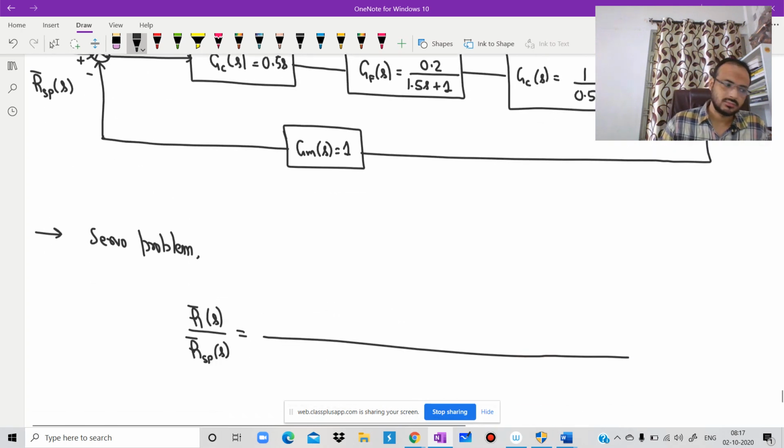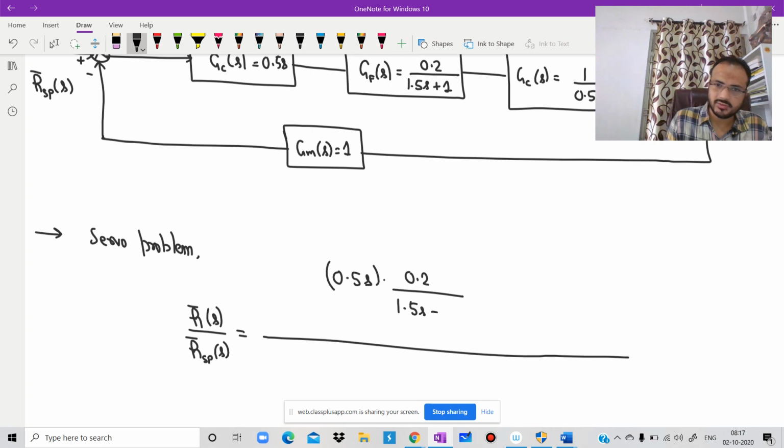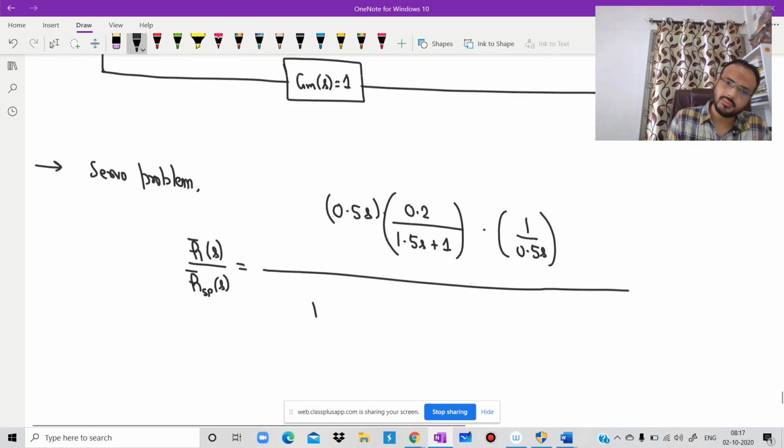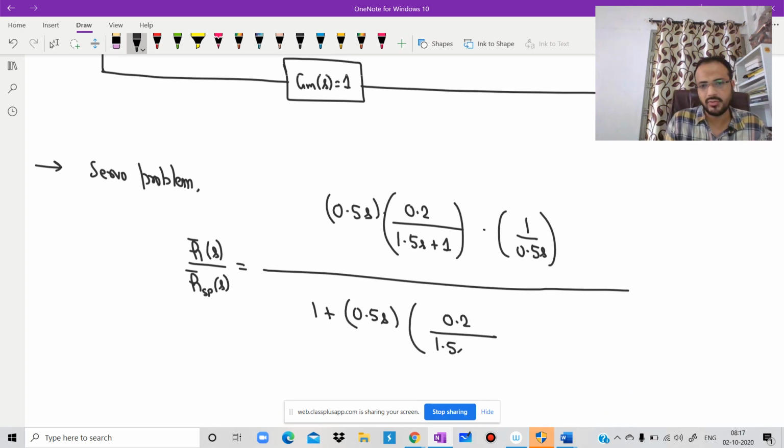Calculate: 0.5 s, 0.2 divided by 1.5 s plus 1, 1 by 0.5 s, 1 plus 0.5 s, 0.2 divided by 1.5 s plus 1, 1 by 0.5 s.